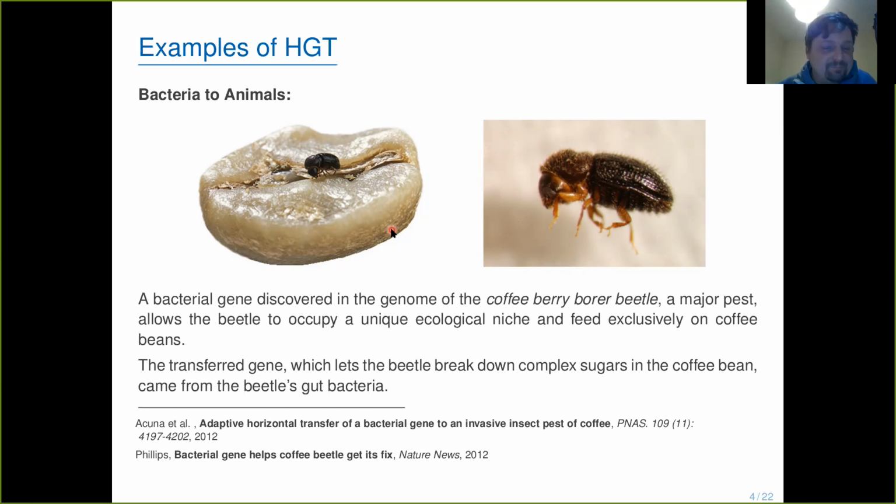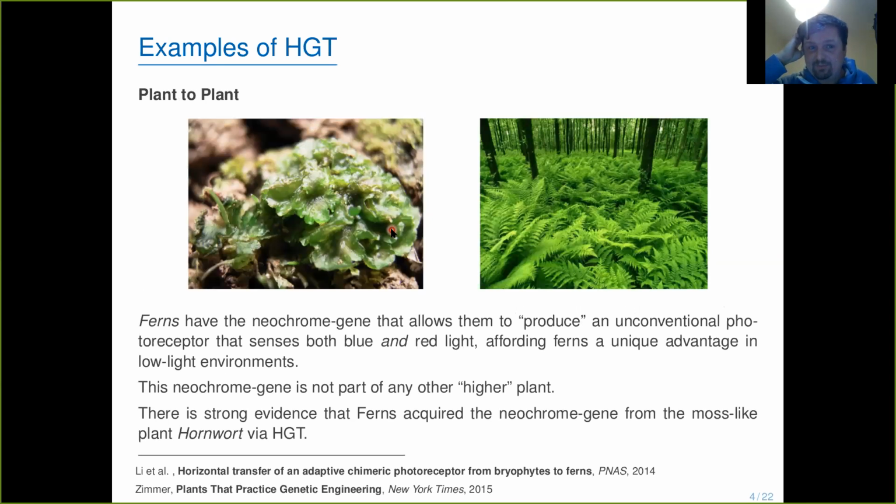But there are really strange examples, like horizontal gene transfer between plants. One of these examples is ferns. Ferns have a particular gene which is called the neochrome gene. This gene allows them to produce very unconventional photoreceptors that can sense both blue and red light, and this is an advantage in low light environments.